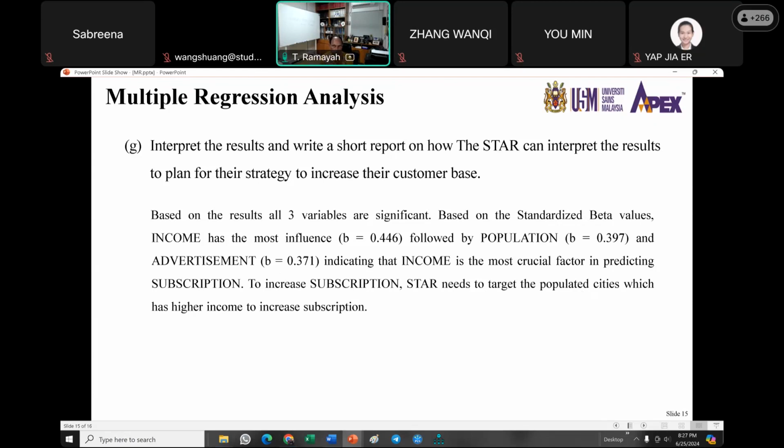Okay, you already have your regression. From your regression, what can you suggest to the company? Any question on testing and analyzing multiple regression analysis?